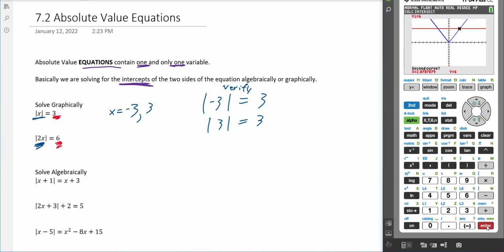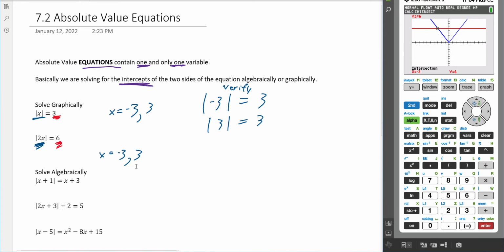We press enter, enter, enter, and we get 3. Oh, it's going to be the same. Negative 3 is going to be the other one. There you go, negative 3. You could verify it by putting it in, but yes, it works.